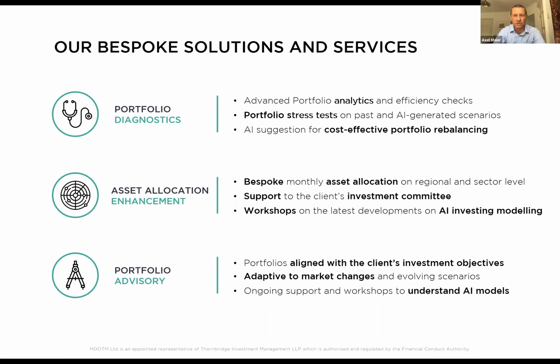One is a portfolio diagnostic, where we look at any kind of portfolio that a client is currently running and stress test it using the AI for possible scenarios, and can tell a client whether the portfolio will react as the client thought it would in any kind of possible circumstances, and we can make suggestions on how to rebalance it. We also provide an asset allocation enhancement, where we receive bespoke guidelines and restrictions from a client and provide the asset allocation on a sector or regional level, and also help with workshops on how the investment committees can use that.